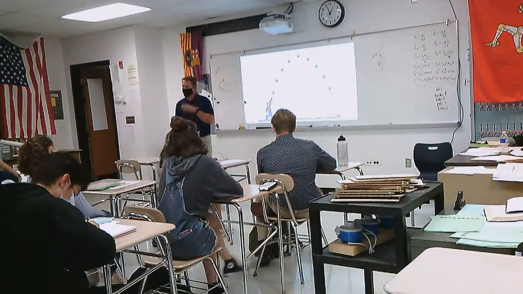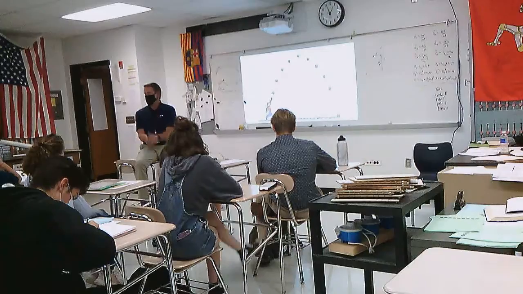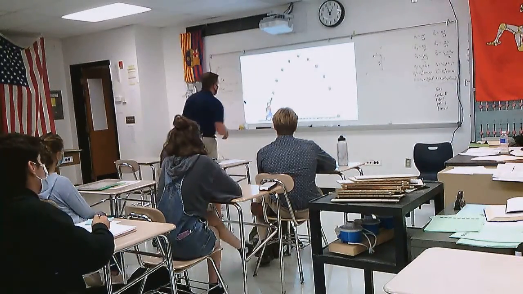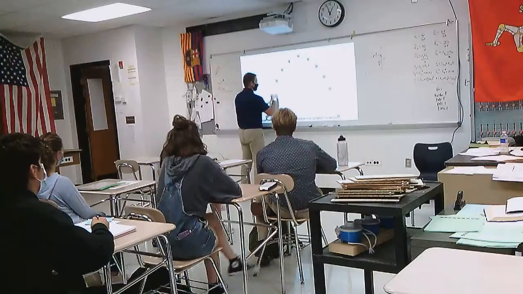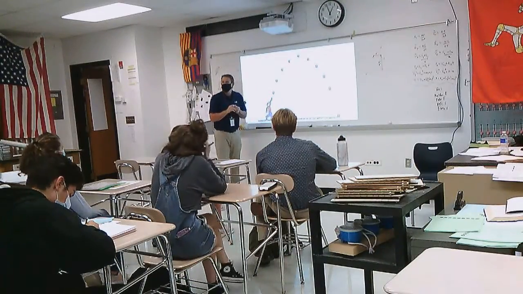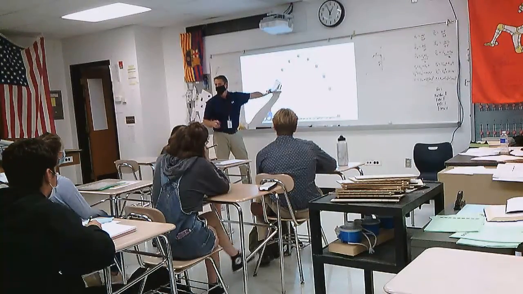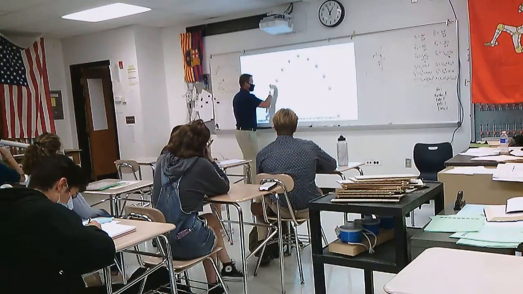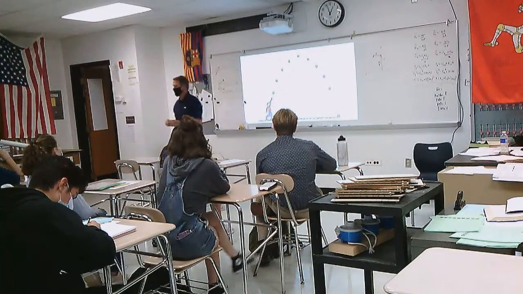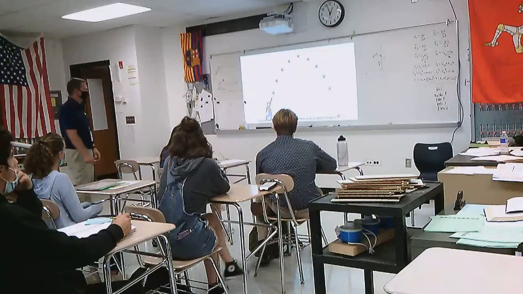If you can visualize that there are horizontal and vertical components, then to get the actual speed, you would put these two things together. How have we done that in the past? We've taken this vector and moved it over here. The other way is to sketch out what's called the parallelogram method. If you make a parallelogram out of those two vectors, your resultant is always the diagonal of that parallelogram.